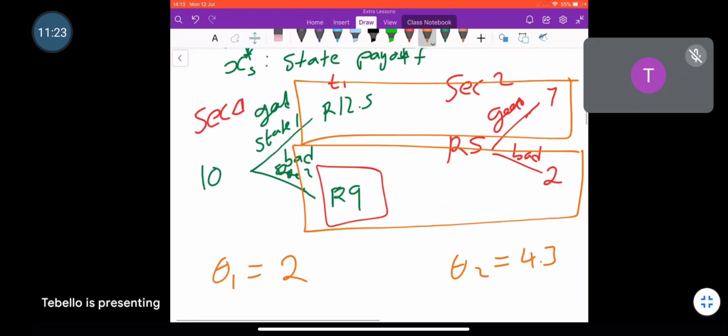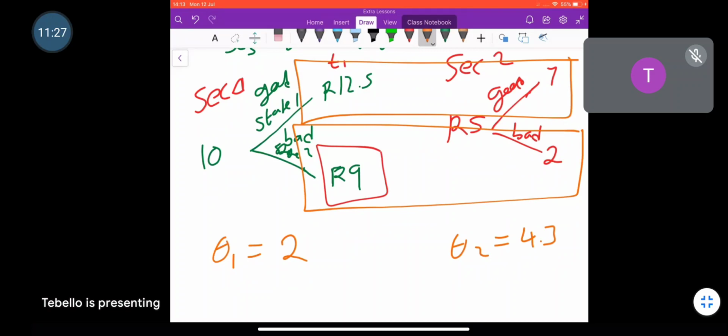So it simply means that your state payout, for state 1, is going to be the sum of the amount that you have bought times the payout, right?